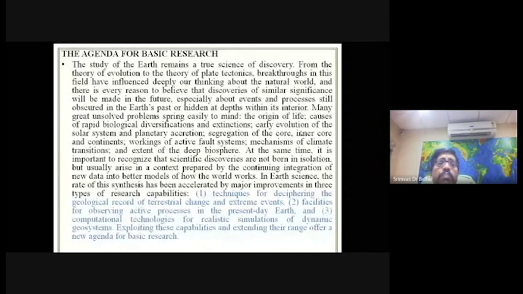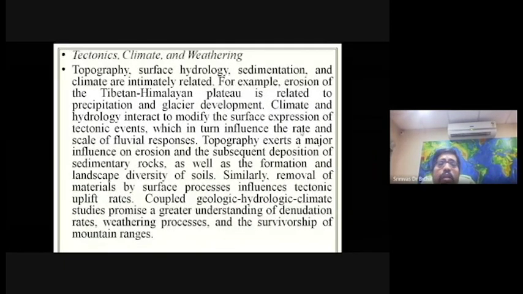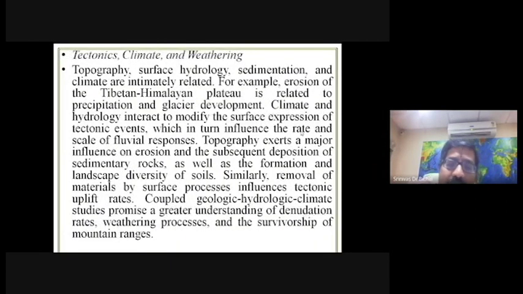And I will say these models are not only important in geological processes. Suppose you talk about climate change. You know what's happening in the rainy season, or in the hot summer season, or all the seasons. What we do is sit in front of a TV and look for the weather news.